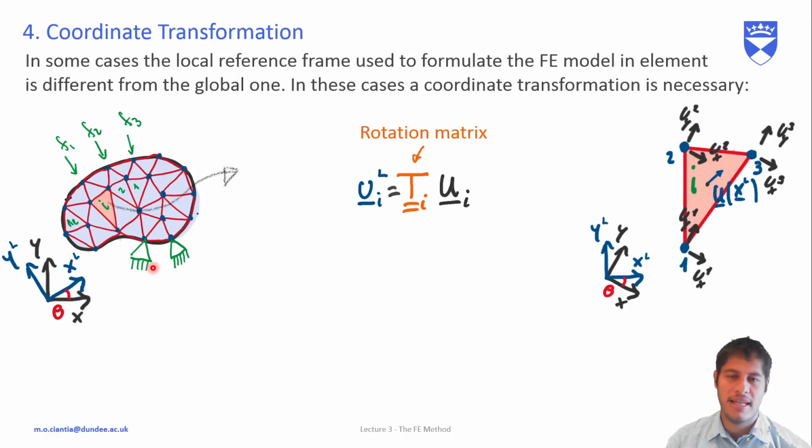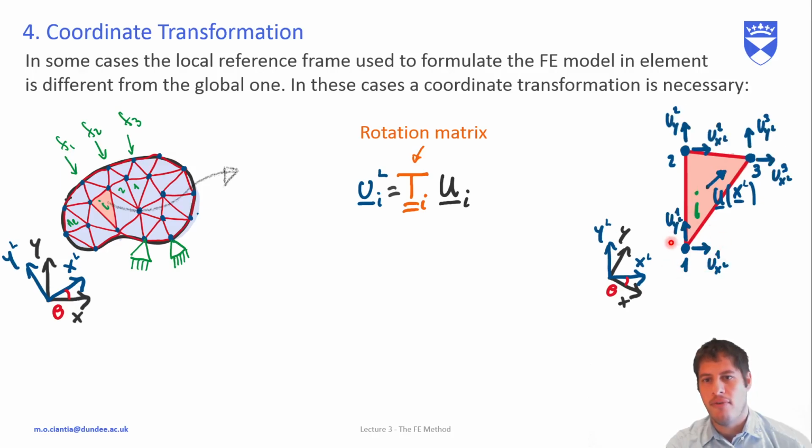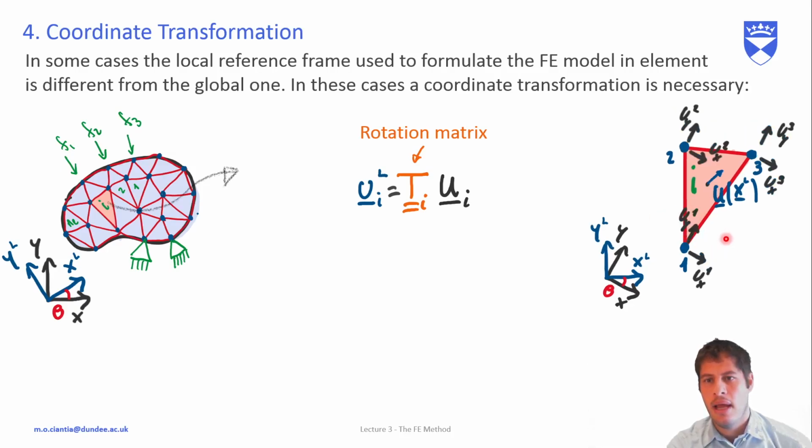I believe you've seen this last year with the direct stiffness method, but basically we can write the nodal displacement in the local coordinate system as a function of the displacement in the global coordinate system through this rotation matrix.